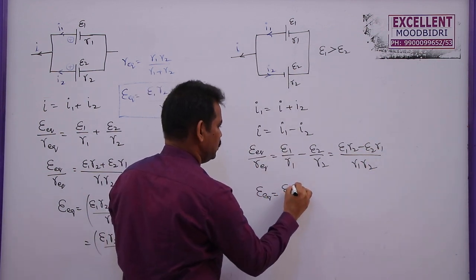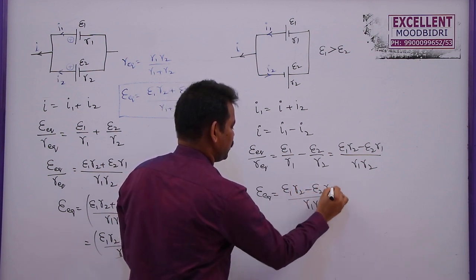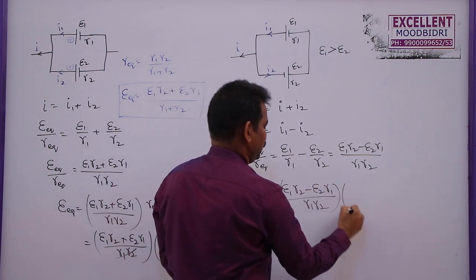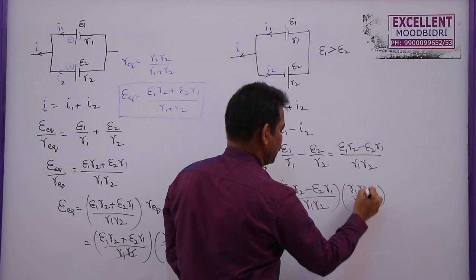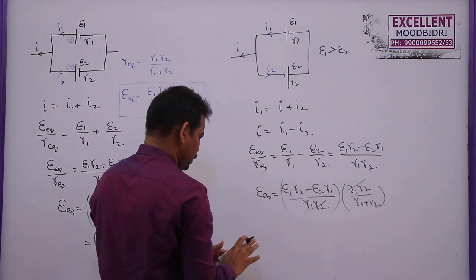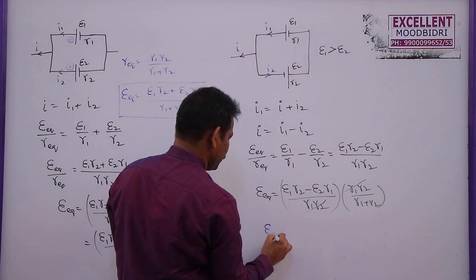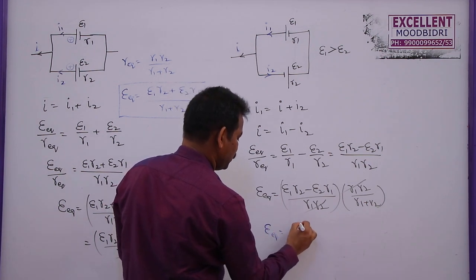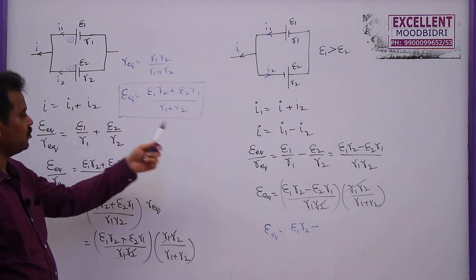This becomes E1 R2 minus E2 R1 by R1 R2, into R equivalent, which is R1 R2 by R1 plus R2. You can cancel this one. So finally the equivalent EMF of this combination is E equivalent equals E1 R2 minus E2 R1 by R1 plus R2. This is the only difference between this combination and the earlier combination.